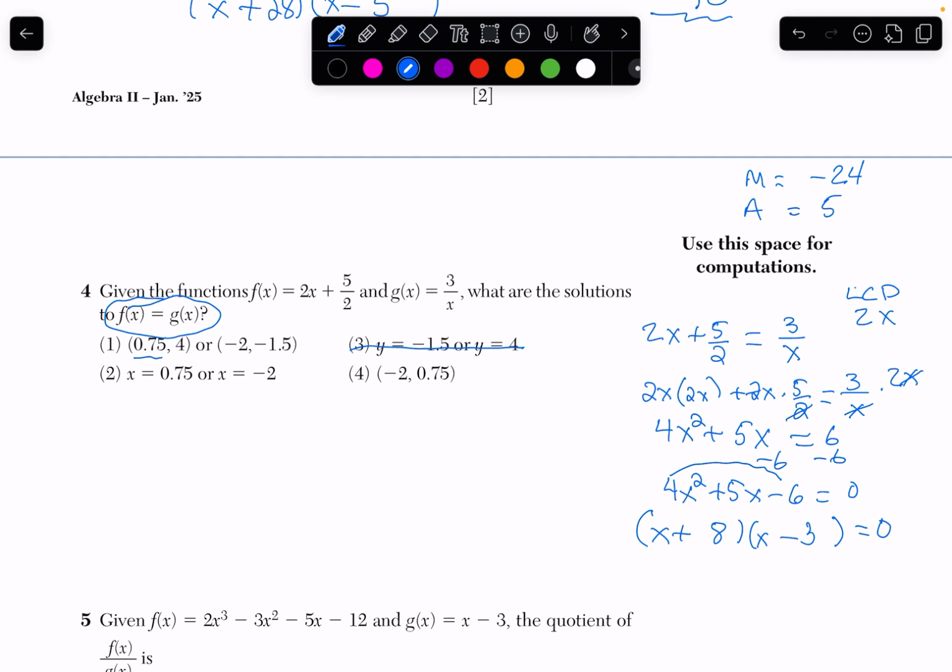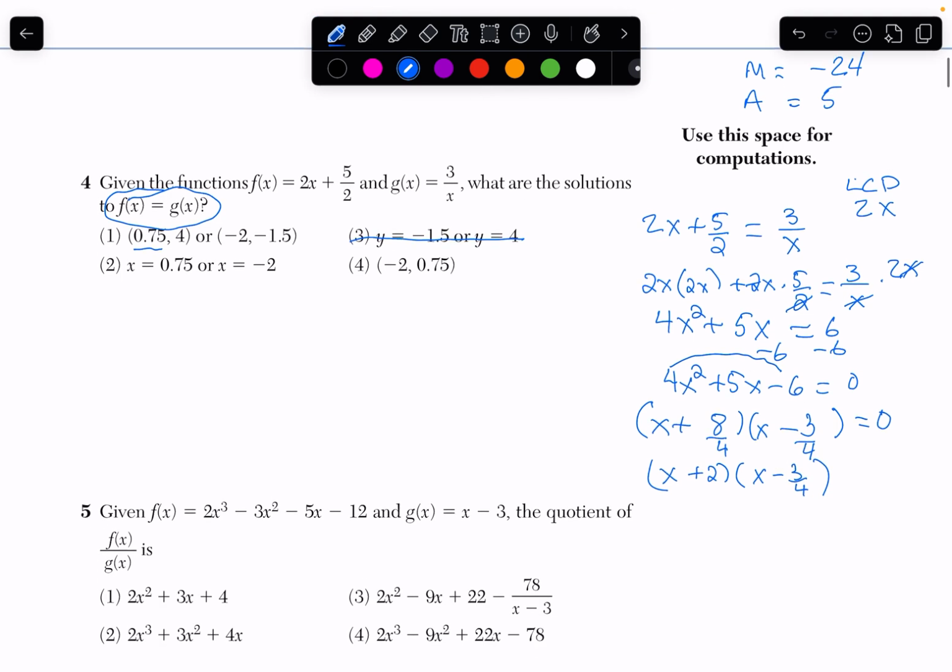And then we got to pay back the rainbow. We're going to divide by 4, and we're going to divide by 4. Right, so x plus 2, x minus 3/4. So my two roots here are x equals negative 2, and x is the opposite sign, positive 3/4.